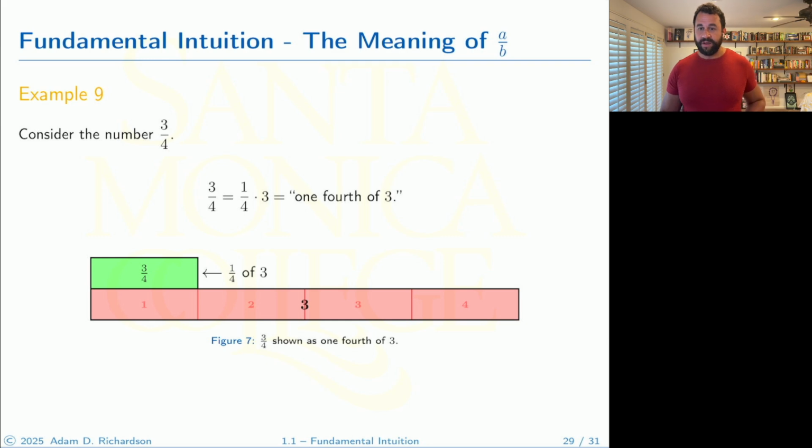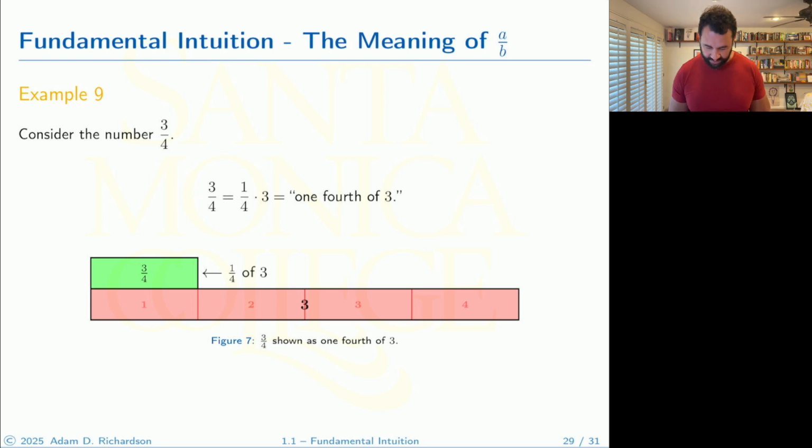Okay. Now here's the cool part. We're going to see that these interpretations do actually give you the same result. When we were talking about 3/4, right? So 3/4, we can think of it as 1/4 of 3. Okay, let's draw out 3. Here's our unit 1. Okay, so here's 1 unit, 2 units, 3 units.